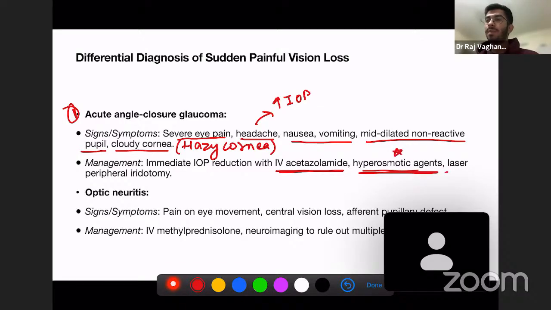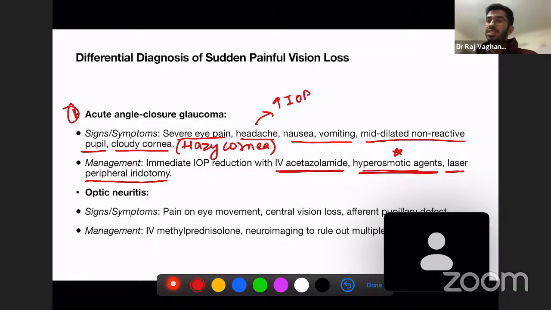Laser peripheral iridotomy can also be done in patients who are not responsive to acetazolamide or hyperosmotic agents. If the patient is not responding, then you can go for laser peripheral iridotomy as soon as possible, because this is a surgery, right?